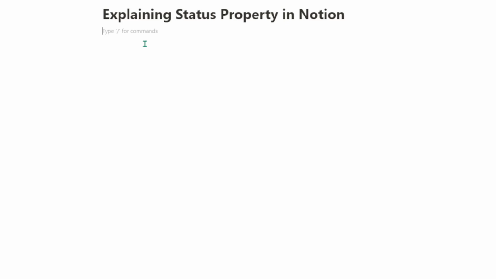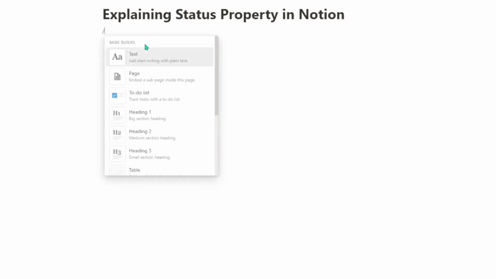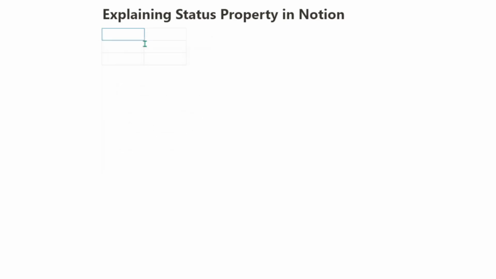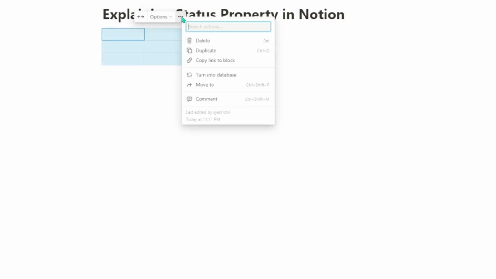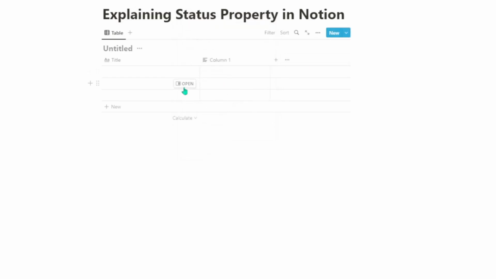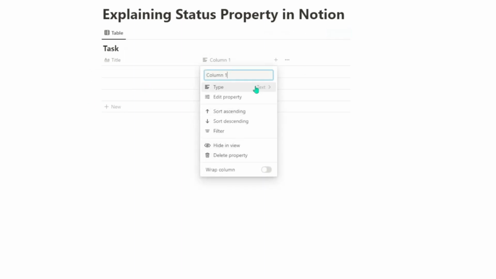So first of all, let's suppose we have a table called task. Just right click and turn it into a database and name it Task. So task title, and then you can say date, it's going to be the completion date.